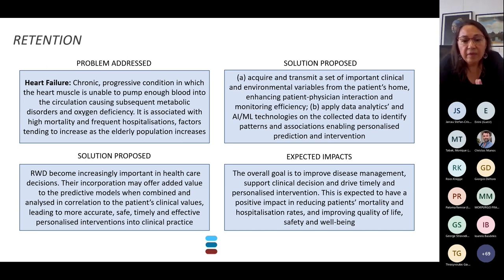On the second part, the system will apply advanced technologies like machine learning and data analytics on the data that will be collected. And there the aim is to try to identify possible correlations or associations that are not obvious at first sight.